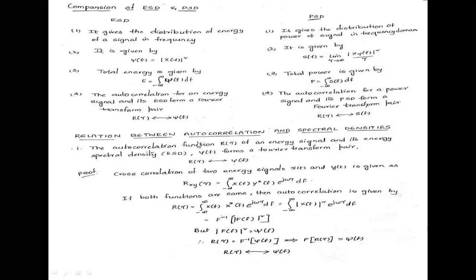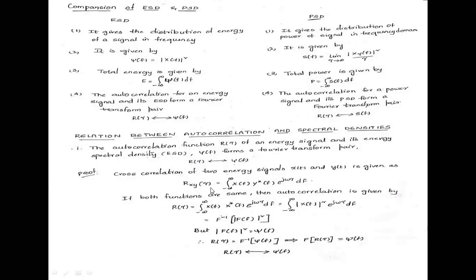So first you can see the relation between the autocorrelation function and the spectral densities. The first property: the autocorrelation function R of tau of an energy signal and its energy spectral density form a Fourier transform pair.